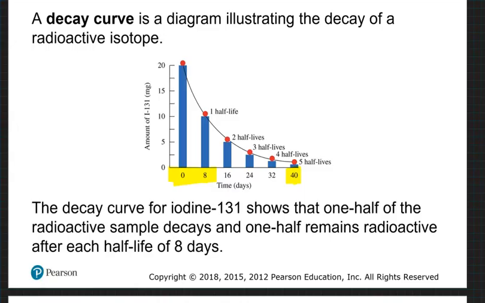So here's my question. Let's say you work with iodine-131 and you accidentally spill it on yourself. Okay? Let's make it a real life scenario. You are in the lab and you spill radioactive iodine on yourself.